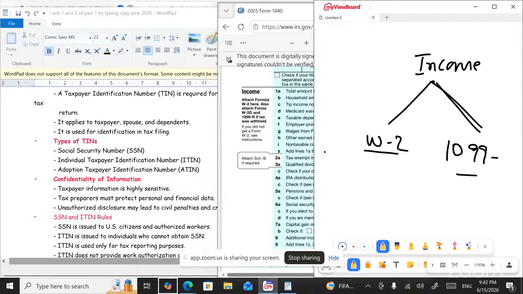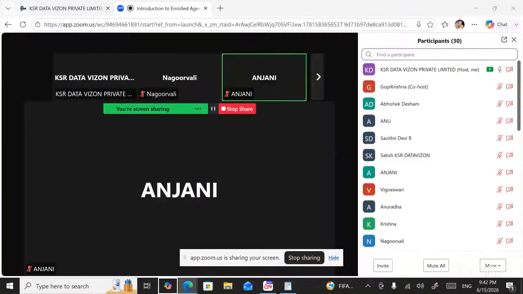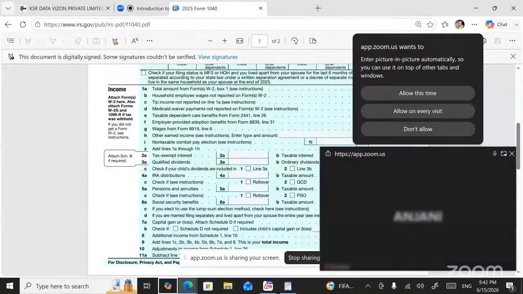Finally, any person generating income gets one of two types of documents: W2 for a salaried person, and for others, Form number 1099 will be received from the person who is getting the service from that professional. So, in our case, Form number W2.